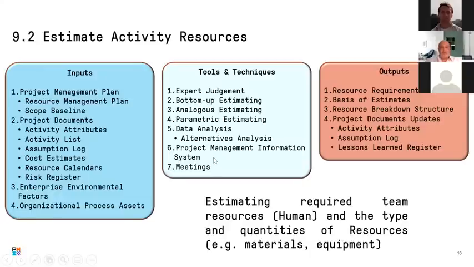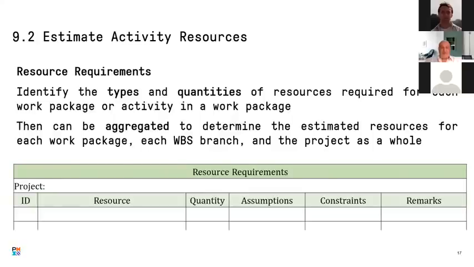The project management information system is a database that you have to know all the different resources that you can get from inside and outside the organization. The resource requirement is a very simple form, and this template, you'll find hundreds of templates online, some free.